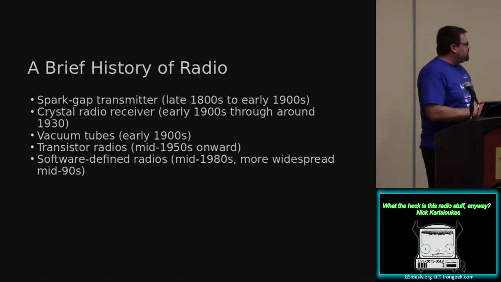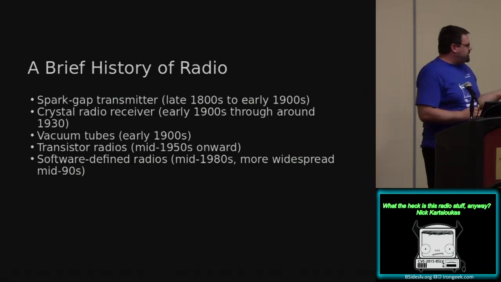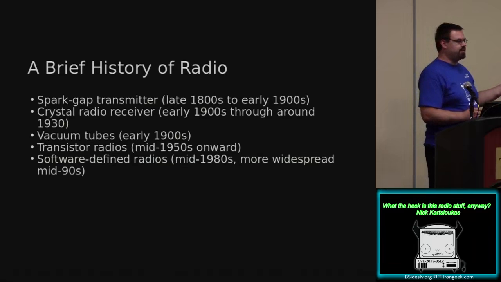We decided to go try voice and other communications methods. Morse code is still in use. They just kind of made it more spectrally efficient. One of the ways people could receive these signals was with a crystal radio, which is just a tuned circuit of a capacitor and inductor that's made to resonate at a particular frequency that you're receiving.